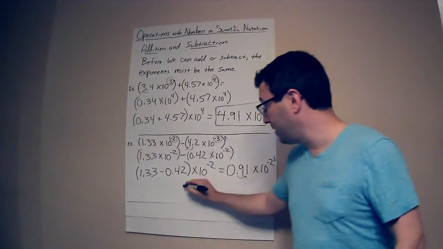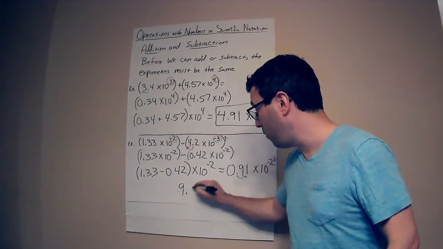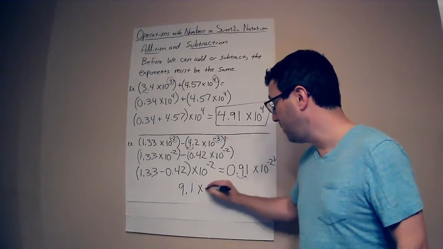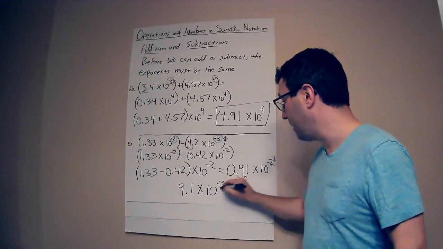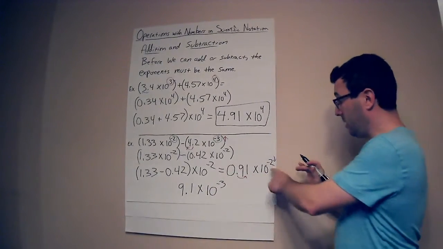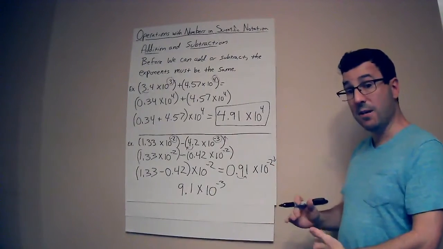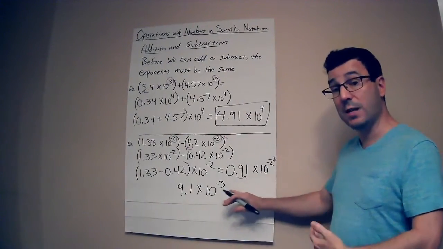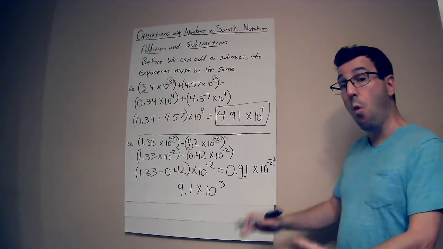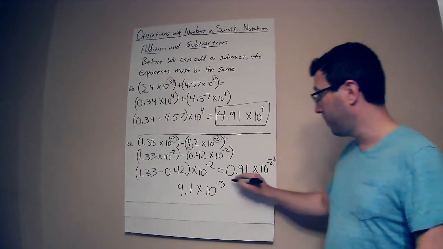So our answer is actually going to be 9.1 times 10 to the negative 3. Because remember, this is going to go more negative. So that's why we go from a negative 2 to a negative 3. Negative 3 is more negative than negative 2.